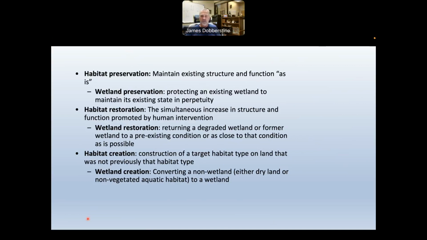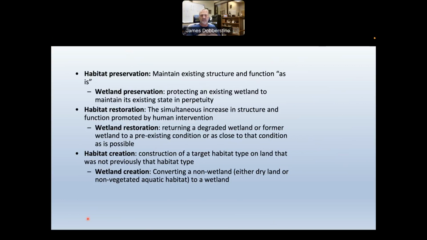And this is the same in wetlands, right? The objective is to do so in perpetuity. When we preserve something, we want to preserve it for all future generations. And that includes not only the habitat, but the functions of that habitat, right? Habitat restoration, on the other hand, is when you have something less than that that you're starting out with.